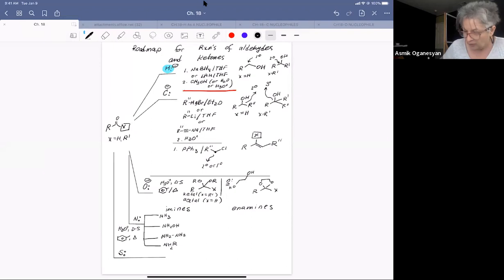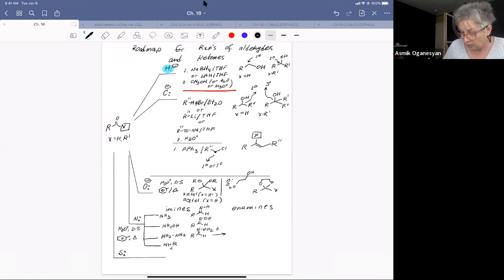Let's put a little extension for the enamine hydrogen reaction.